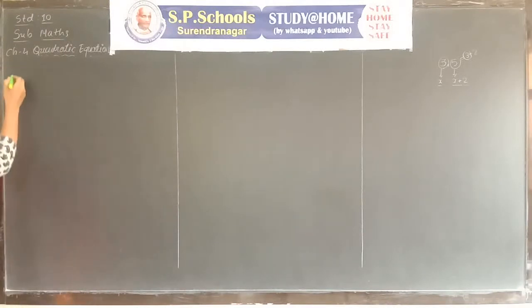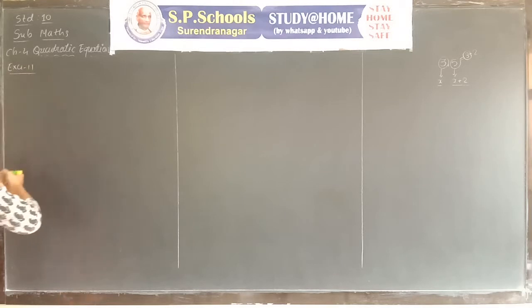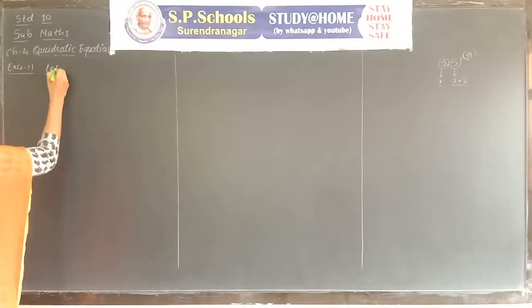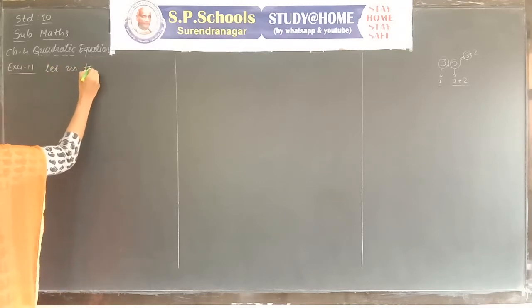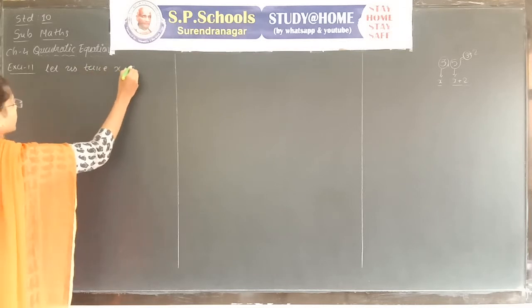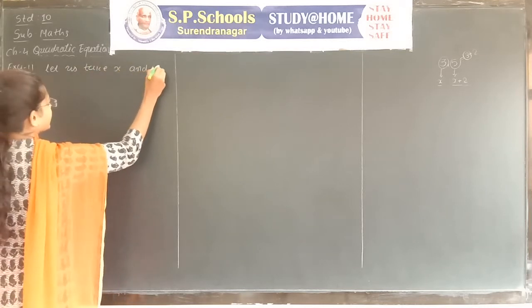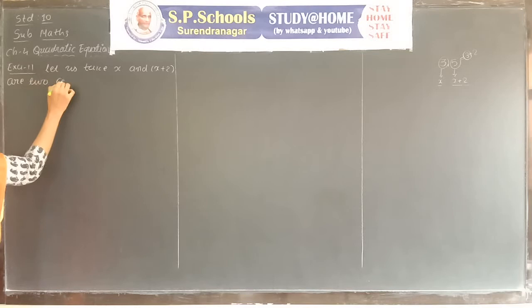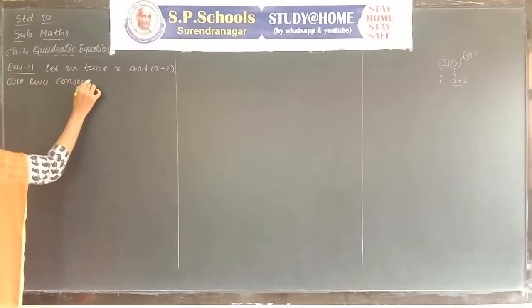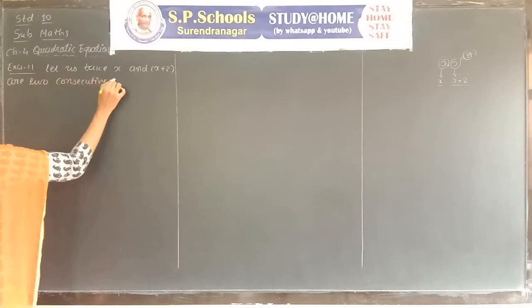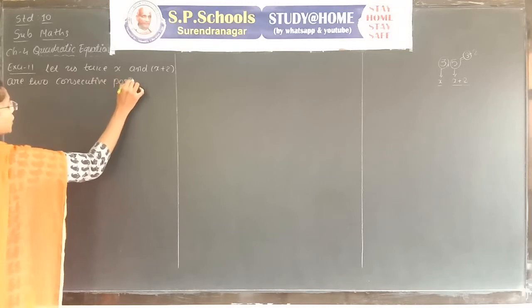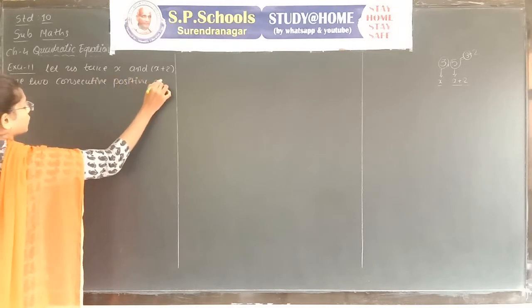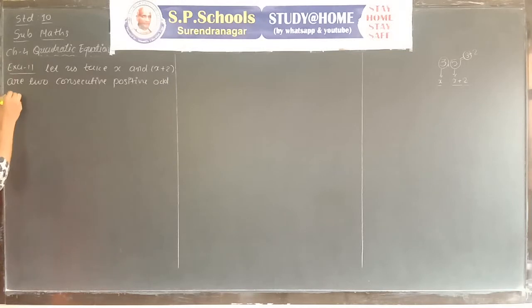Example number 11. Let us take x and x plus 2 as two consecutive positive odd integers.